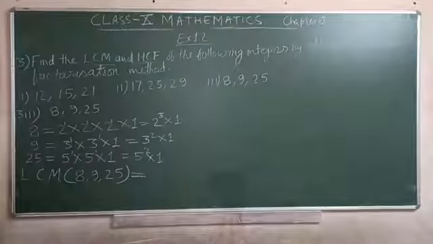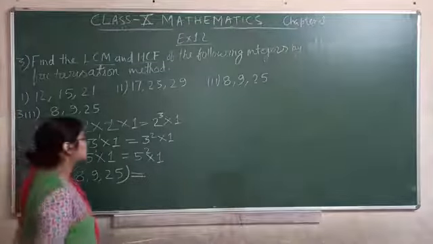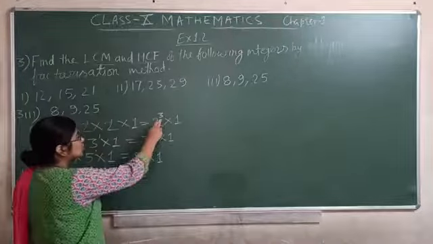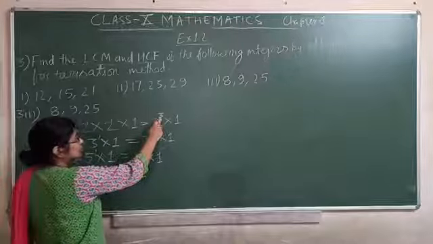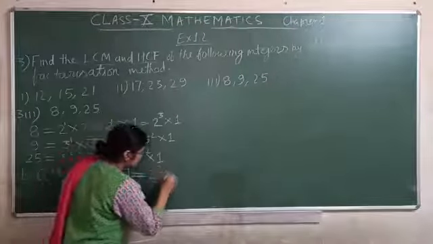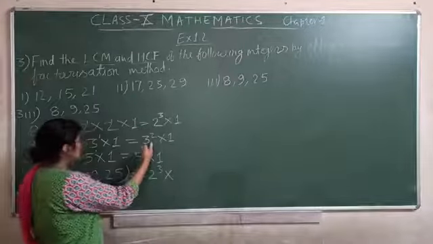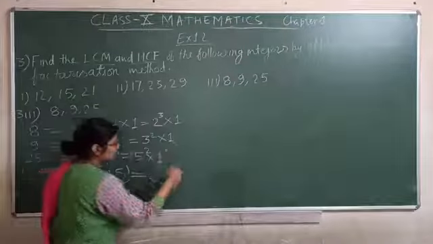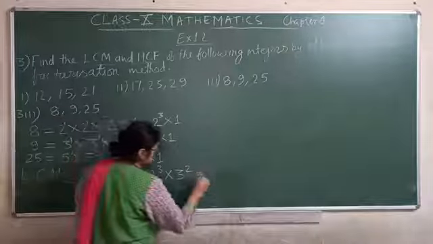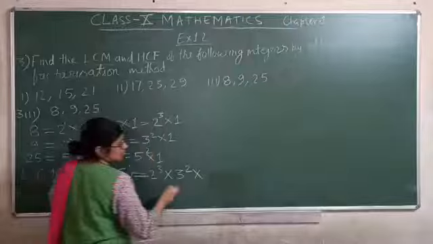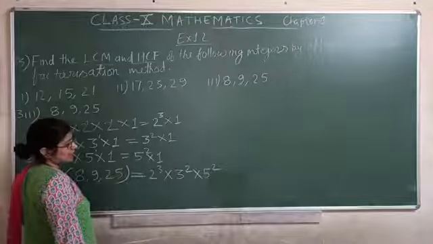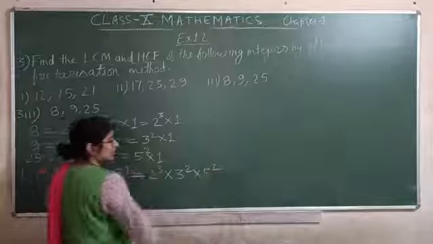Okay, we have to take all the prime factors with their largest power. So you are looking at 2 cube only in the first one, so 2 cube will be its largest. And 3 only one time, and its largest power is 3 square. And 5 square also one time, so this will be its largest. Okay. If you want to write 1 you can write it, otherwise no need.